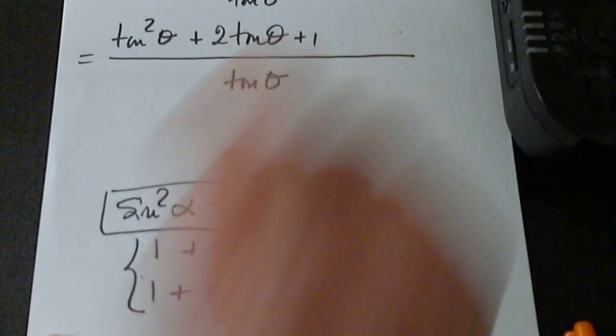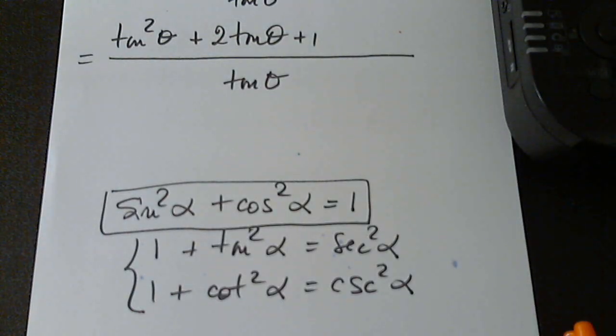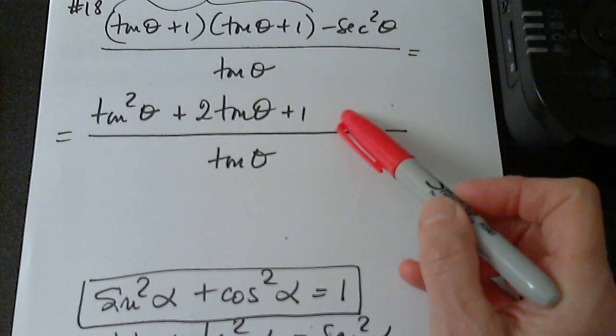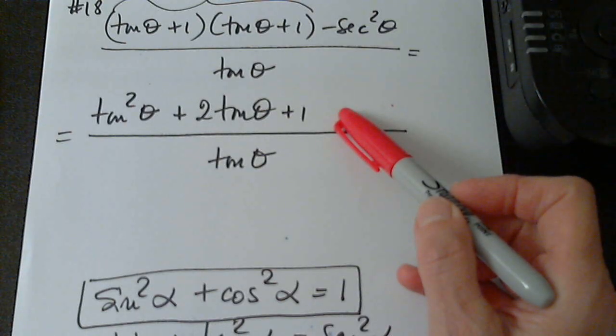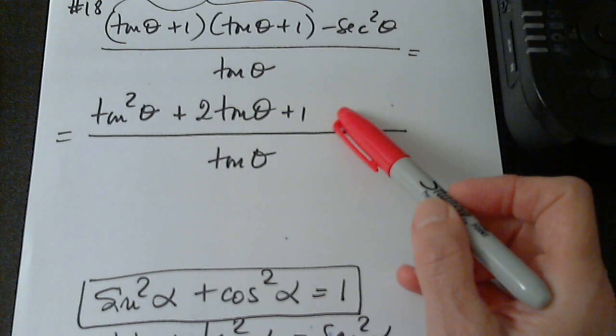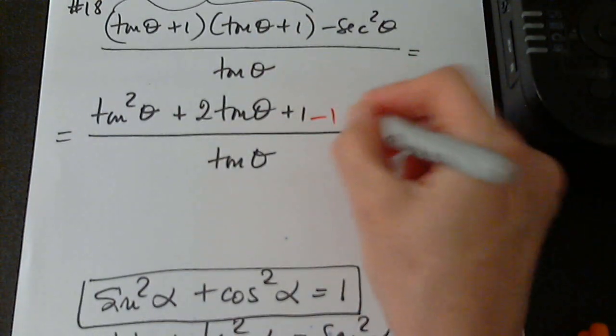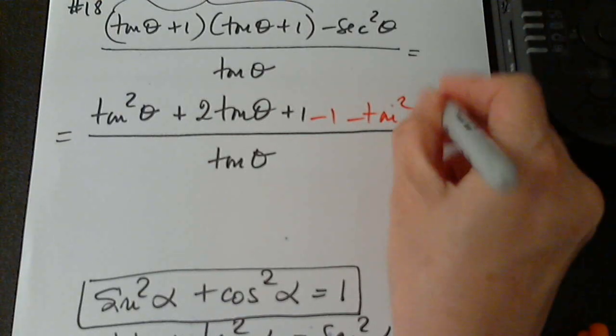What do I replace negative secant squared by? Negative 1 minus tangent squared. Excellent. Minus tangent squared theta.